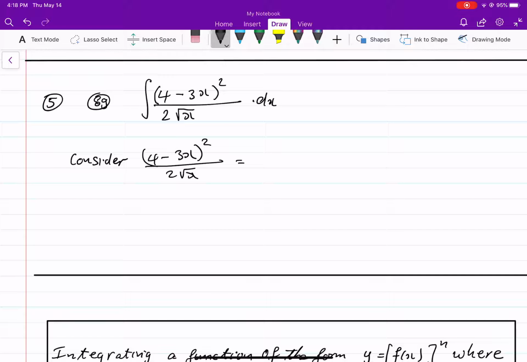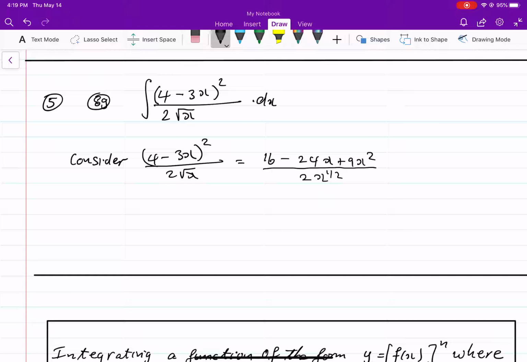Okay, open up the numerator. That's 16 minus 24x, 2 times 3 times 4 is 24, and plus 9x squared, all divided by 2 times x to the half.